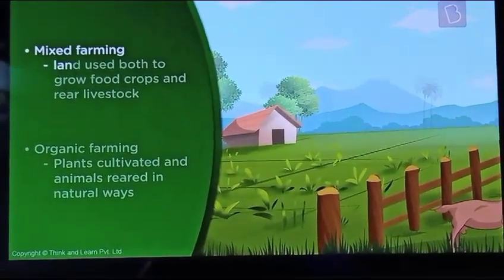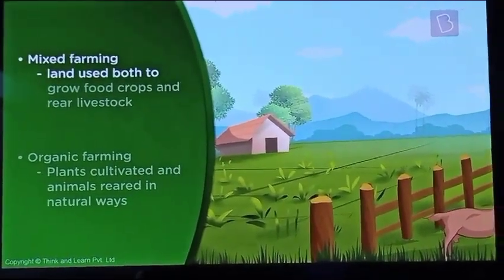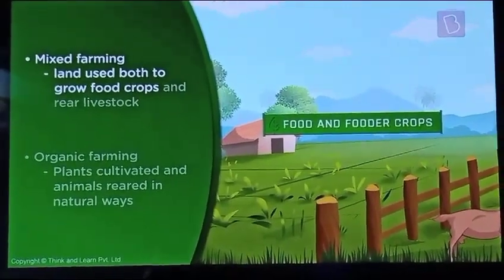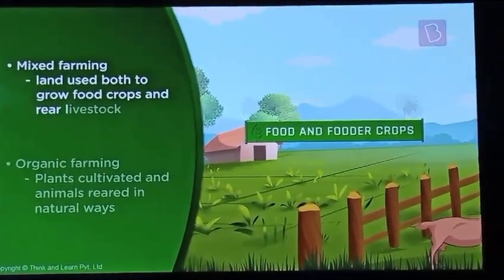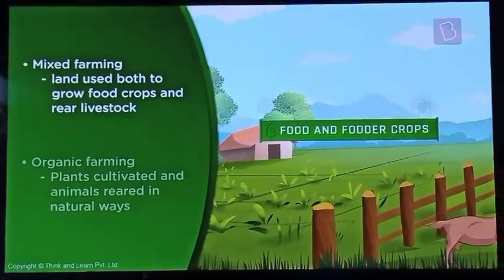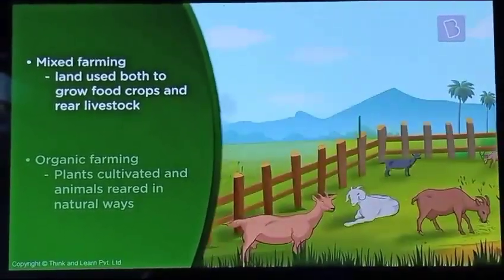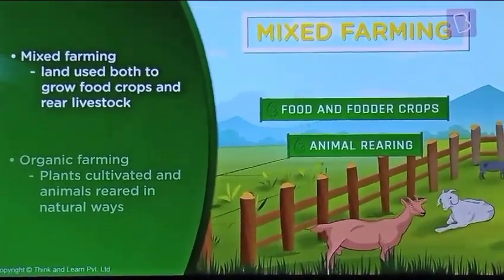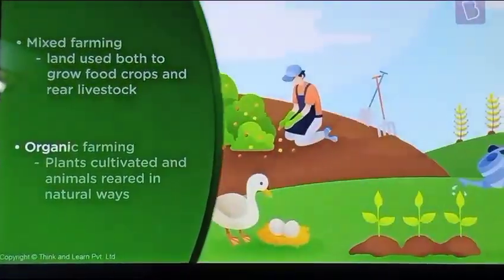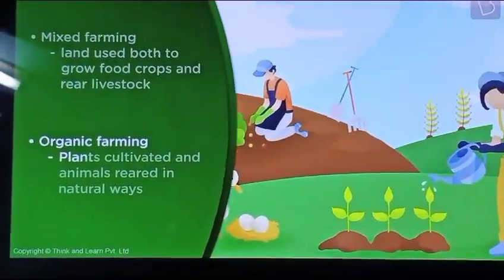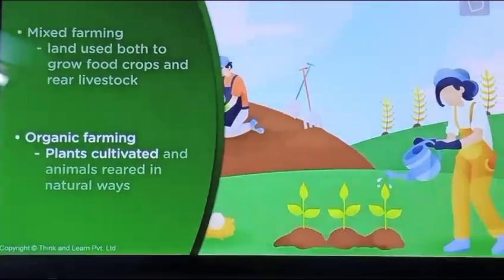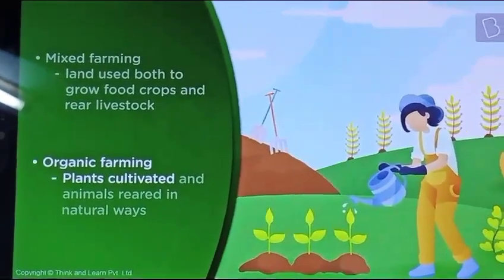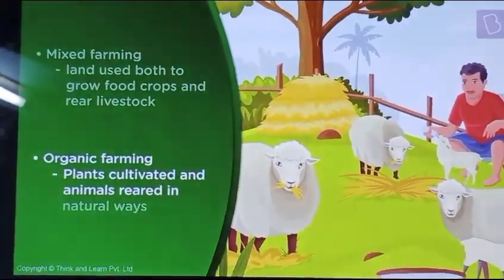The sort of farming where the land is used both to grow food crops and rear livestock is called mixed farming. Organic farming is a type of agriculture which involves the cultivation of plants and rearing of animals in natural ways.